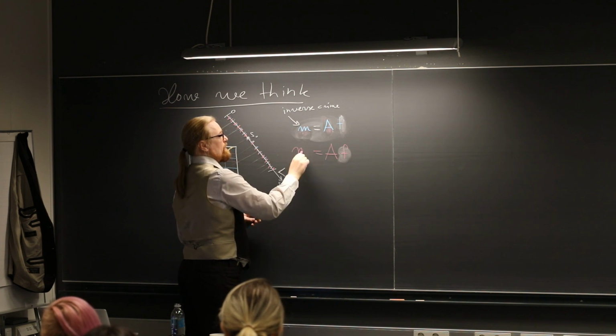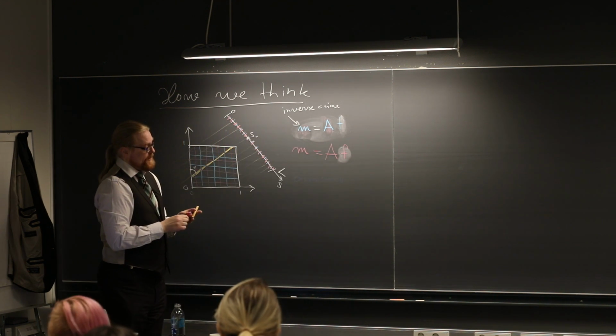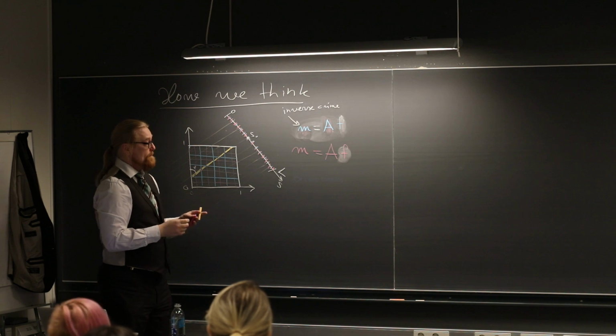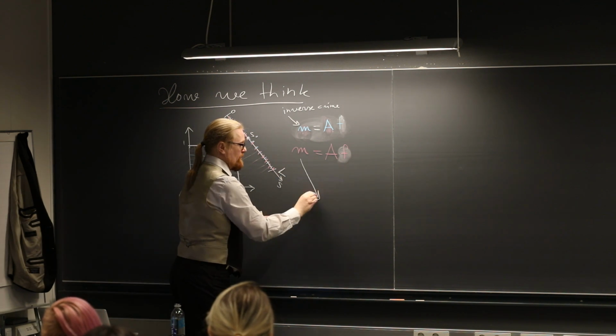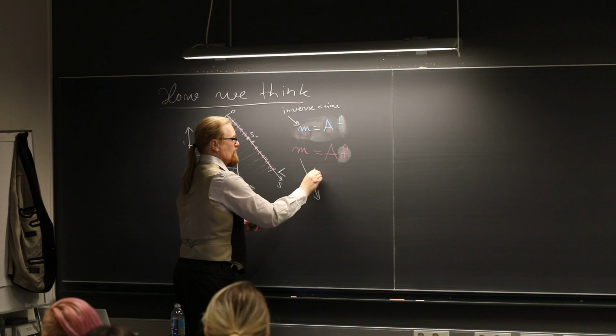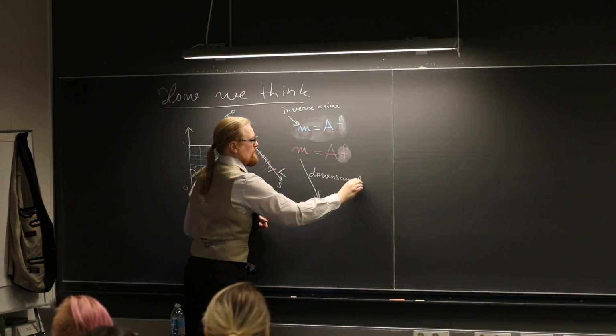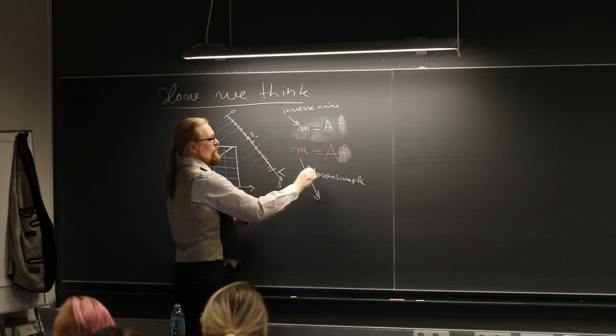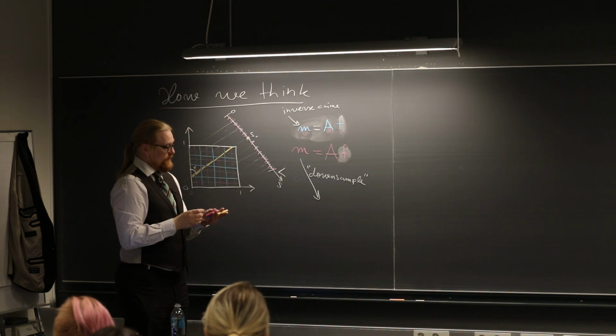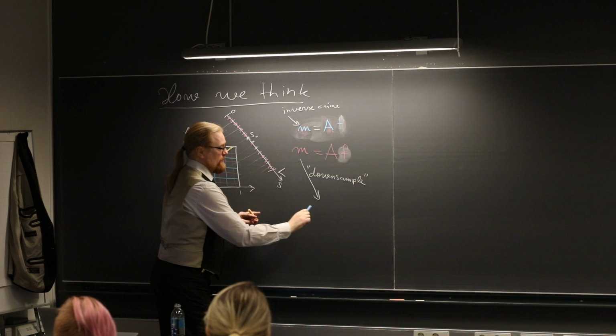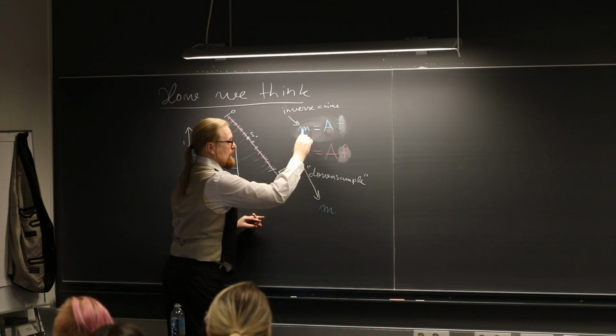We get a vector M, which we downsample or interpolate so that it becomes of the same size as this one.